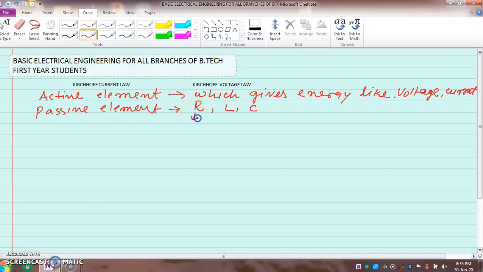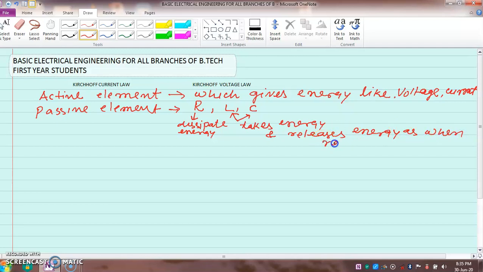You notice it here, resistance is a passive element which dissipates energy. Dissipates energy means it takes energy and dissipates it in the form of heat. Inductor and capacitor both take energy and release energy when required.